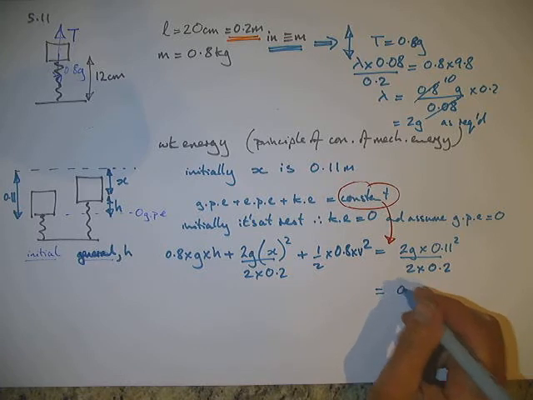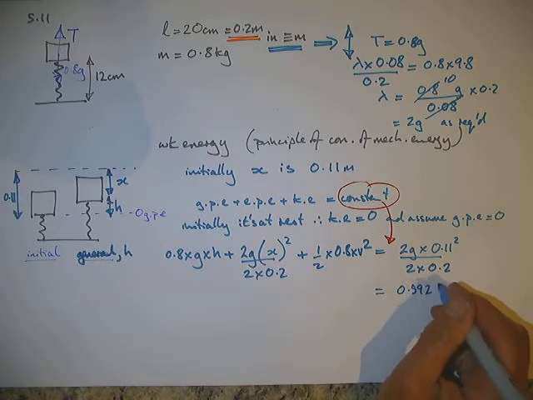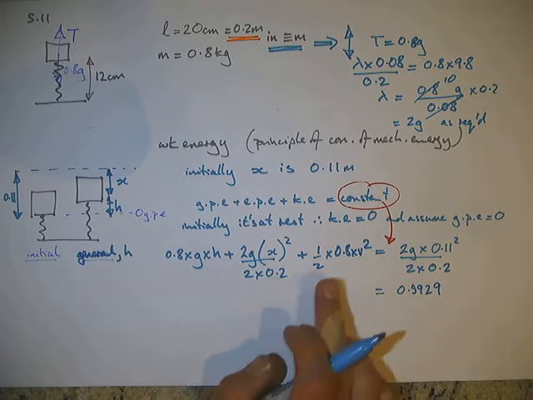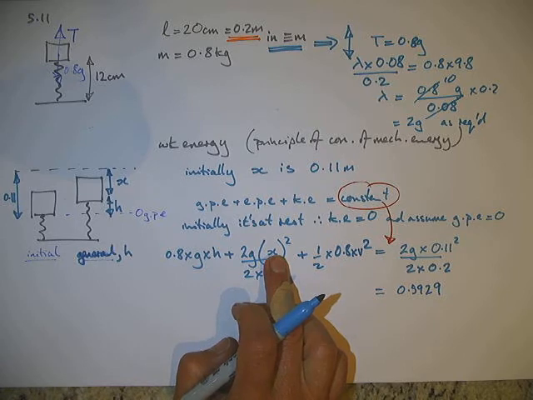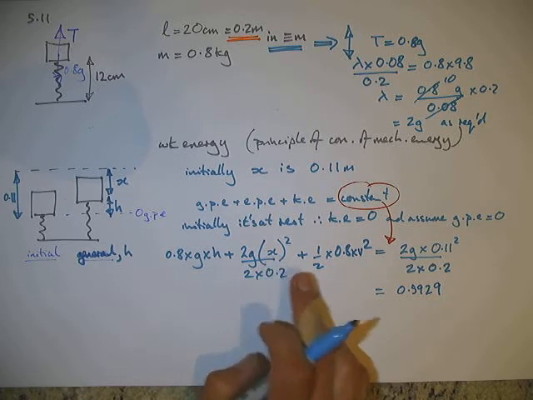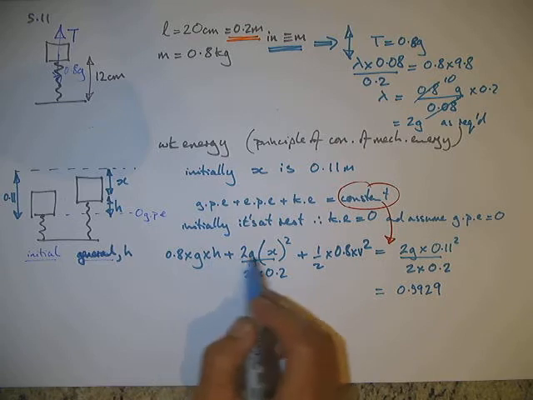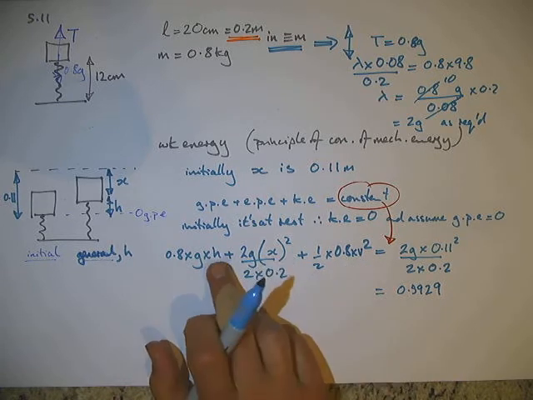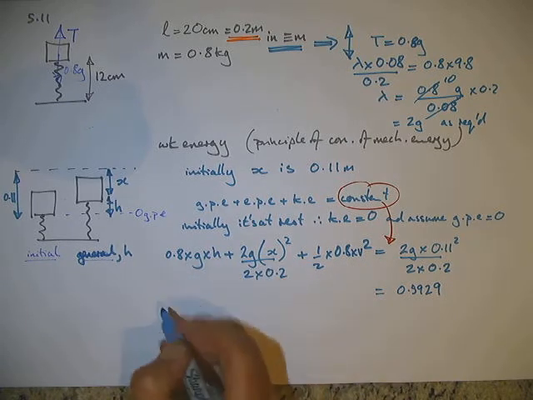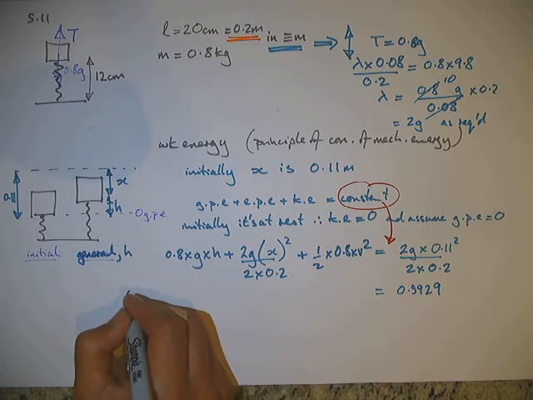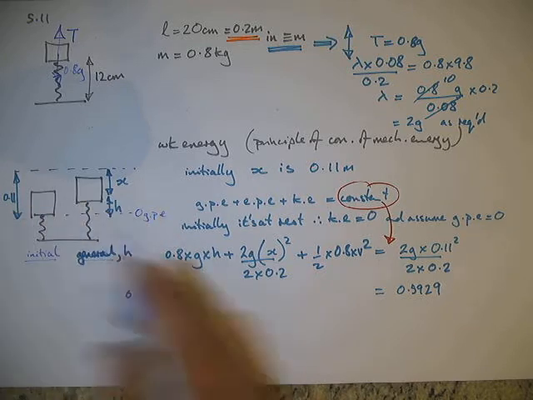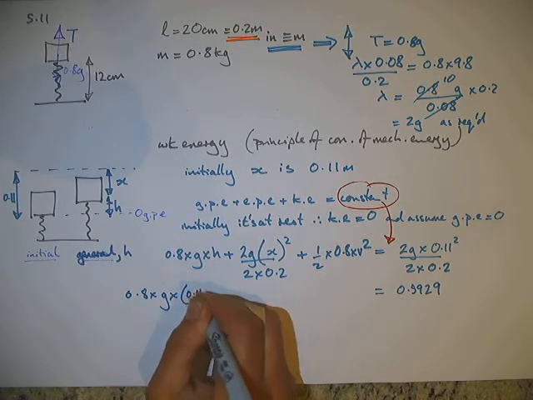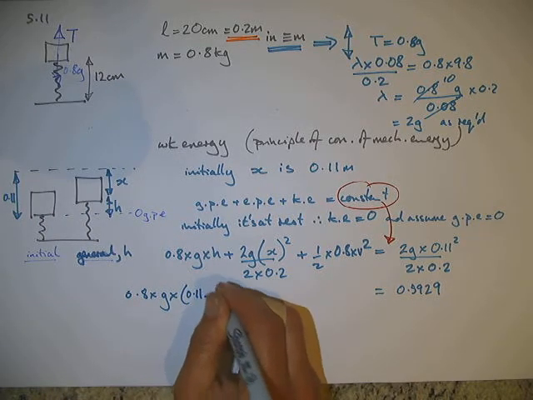I'm going to believe the book and believe that it's 0.5929. At the moment, we've got h's and x's. Since we want the maximum speed of the sphere, I want to set it up in terms of one or the other. I think, since there's an x squared term, I'm going to write that in terms of the x. So we're going to get 0.8 times g multiplied by the height, which is 0.11 take x.